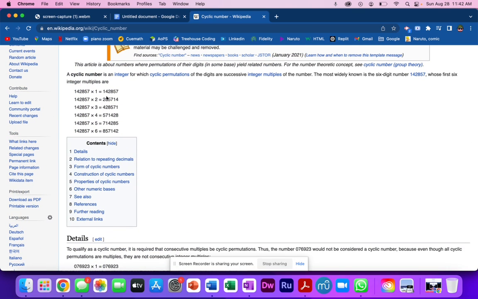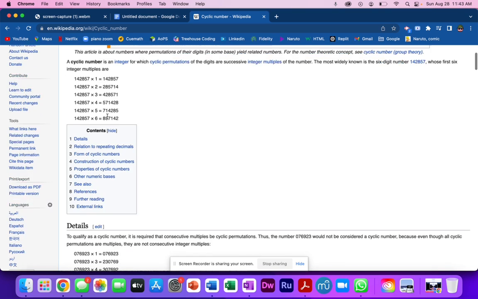See, so 142857 times 2 will be the second smallest number, and then it'll be 285714. That will be the third, which is times 3, 428571. Then it's going to be 571428. Then it's going to be 714285, and that's going to be 857142.